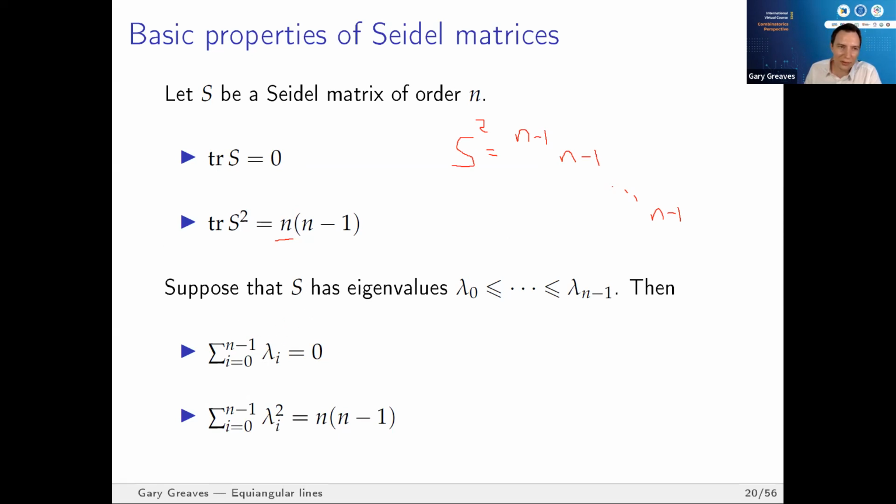So the trace of S is also equal to the sum of the eigenvalues of S. Similarly, the sum of the squares of the eigenvalues is equal to the trace of S squared. So we immediately get some information about all of the eigenvalues of a Seidel matrix. Okay, good.